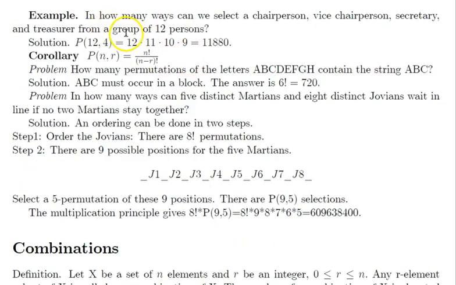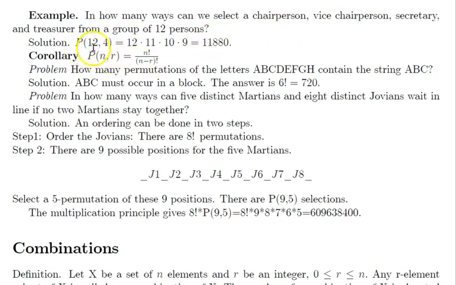Example. In how many ways can we select a chairperson, vice chairperson, secretary, and treasurer from a group of 12 persons? The answer is, the committees are 4-permutations because the positions are specified, the positions in the committee.